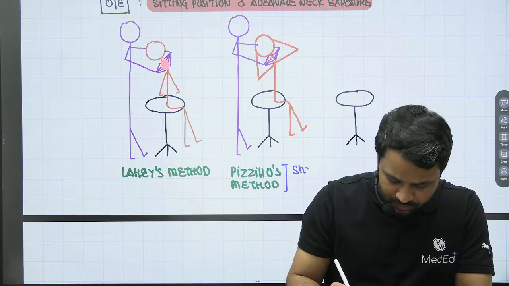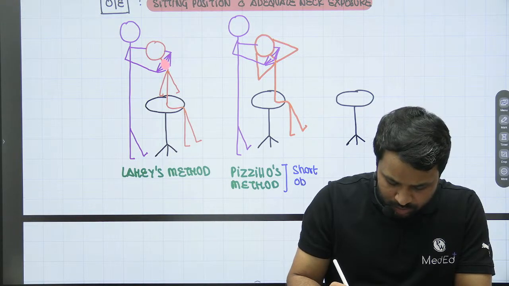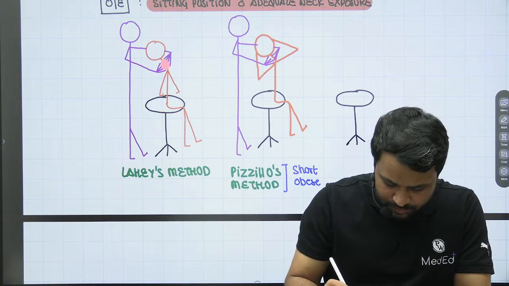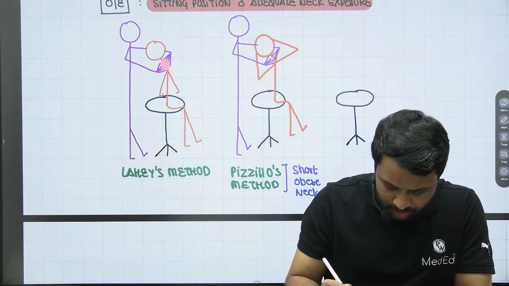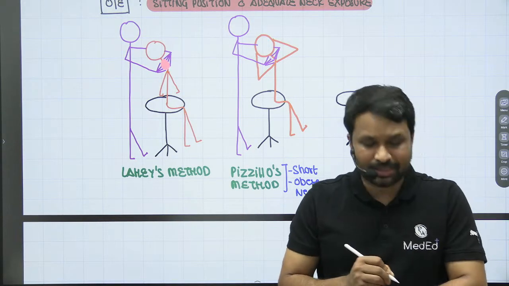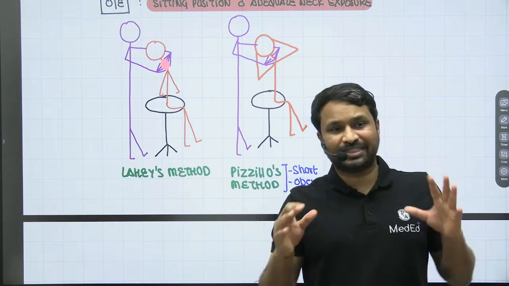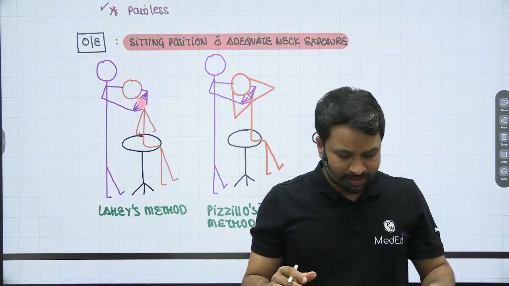Short-statured, short-necked or obese patients, whoever have these features, you're going to go ahead with Pizzillo's method.